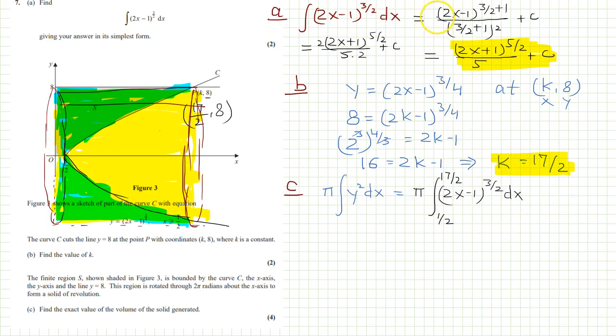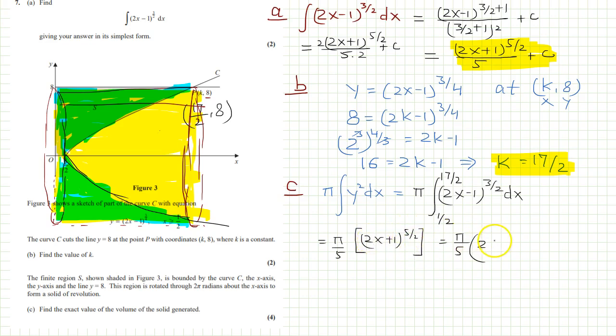We have done the integration here, so that is equal to pi over 5, and this is (2x plus 1) to the power 5 over 2. So that is equal to pi over 5, with lower limit and upper limit.